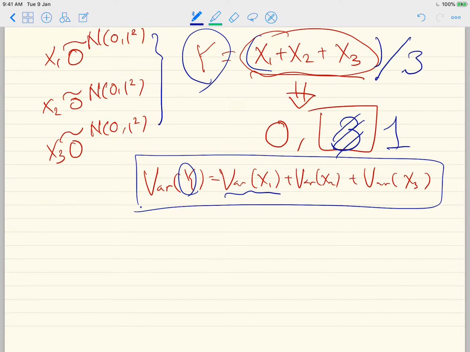This is the relationship in terms of the variance, right? You guys know this: the variance of 2x is the variance of x times what?